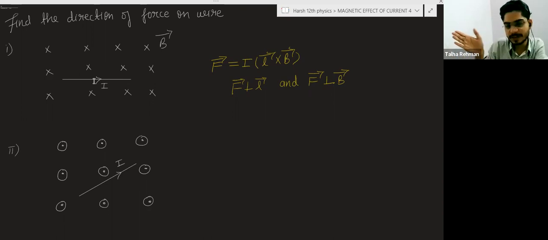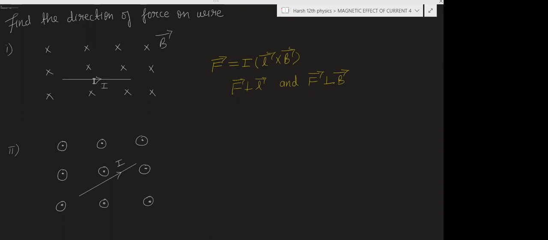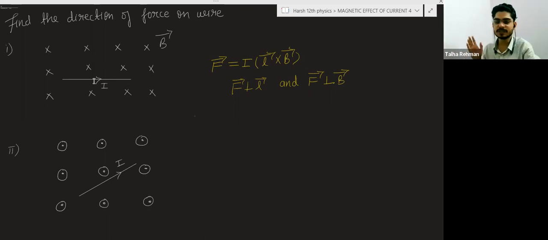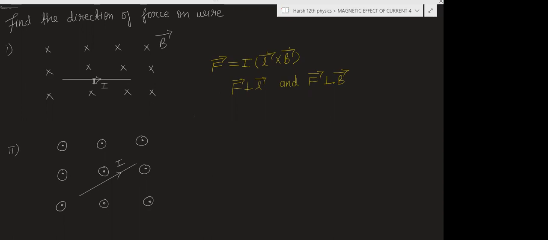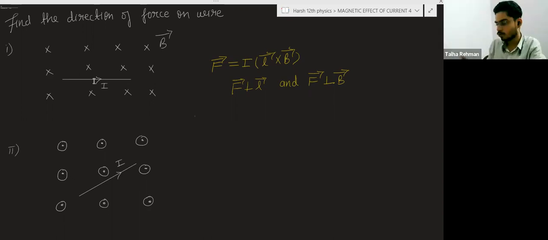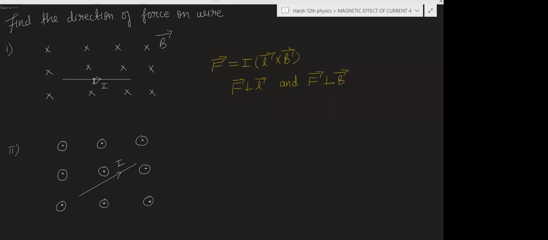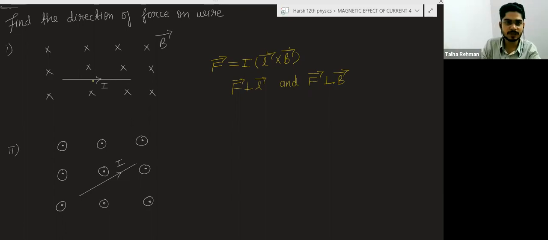The direction of the magnetic field is inwards. Inwards means something is away from me, so rotate your hand inwards, like this. The thumb gives the direction of the force, which is in the upward direction. So the direction of the force will be upwards.